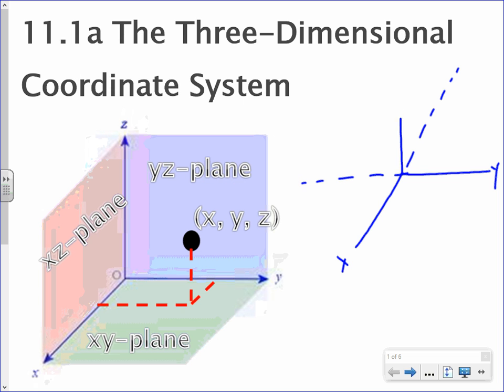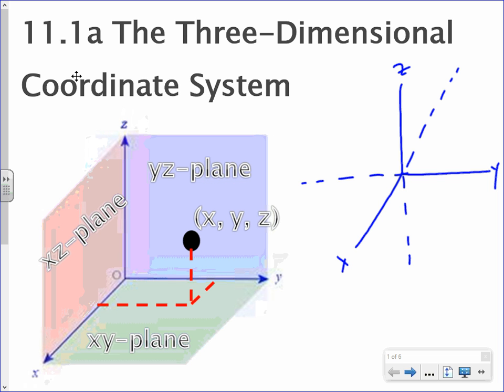And then the Z-axis is what is shooting out, like north-south, okay? So what happens, okay? We no longer have 4 quadrants. How many spaces do we have when we look at all of our planes? 8. We have 8 spaces, so we call them octants, okay?